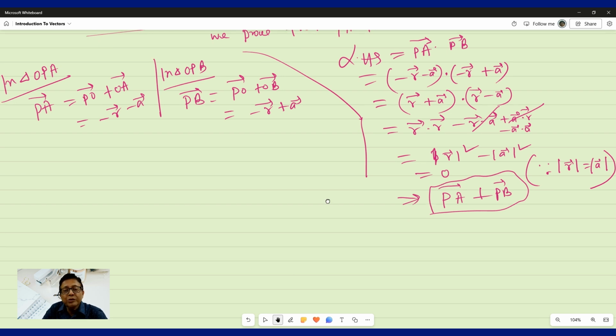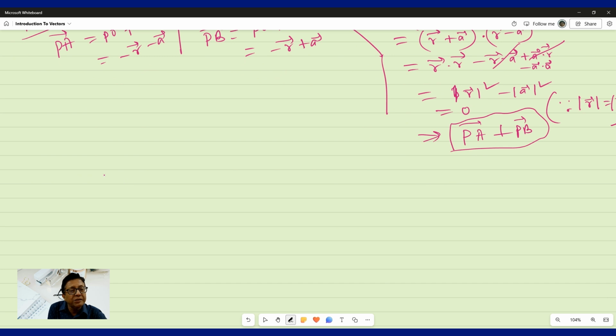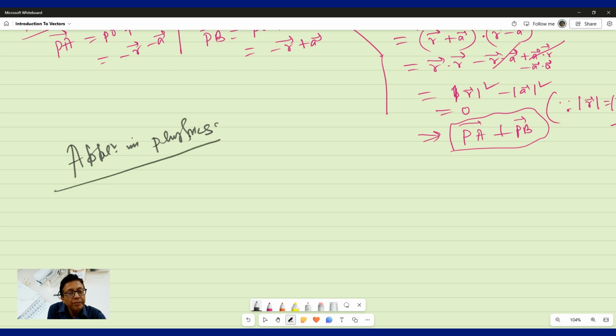Before we do that, let me explain the displacement vector. So number one application in physics we are going to do: work done by a force.